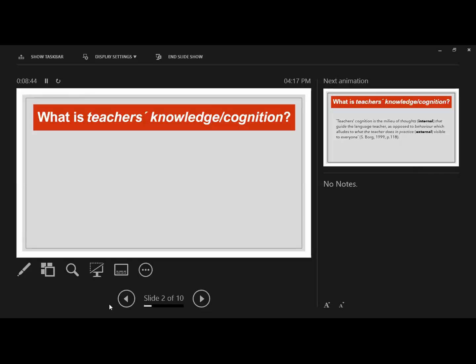But you don't think of these things like, oh, teacher knowledge, teacher cognition. Oh, I should know this because I'm going to be a teacher. I only came to realize the importance of this tag and all that it implies through the years as I've been working, and of course as I've been conducting research.